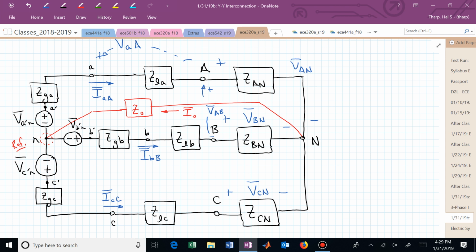So now how would we find an equation for I sub little a capital A? Before I scroll this away, can you now start to try to compute an expression for the current in transmission line A, I sub AA?